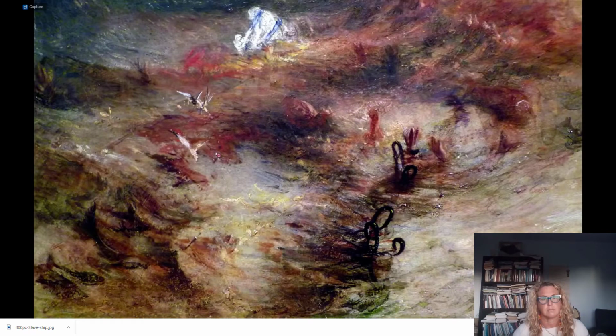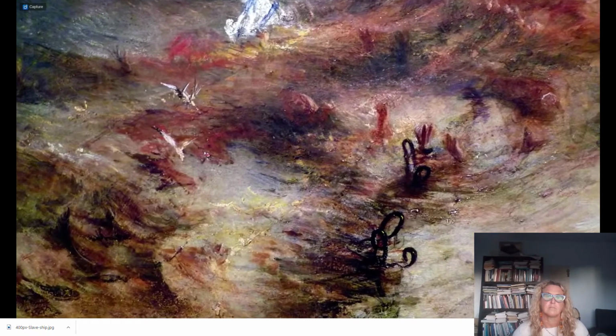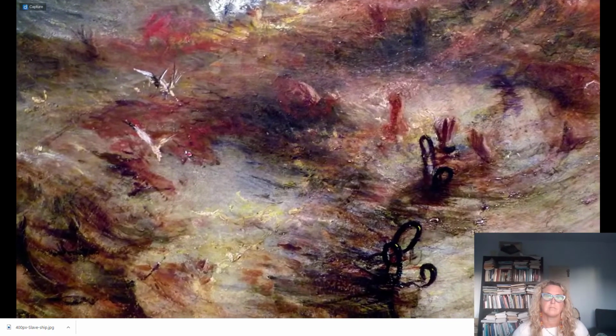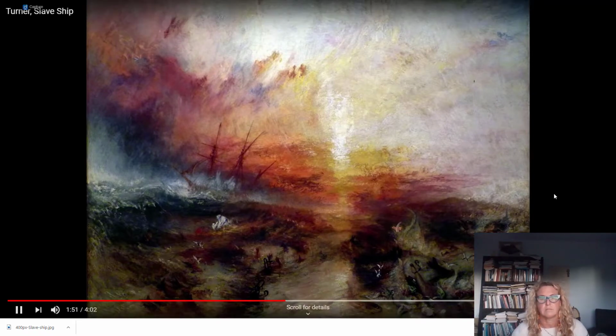So what he's done is he's thrown the slaves overboard, and that's what we see happening. It is really horrifying. We only see parts of their bodies, and there's a swirl of waves and colors. And again, there's this mixture of the beauty of nature, the power of nature, and this horrific human act that is within the context of a much wider horrific human act of slavery.